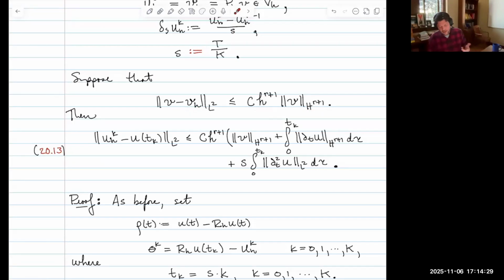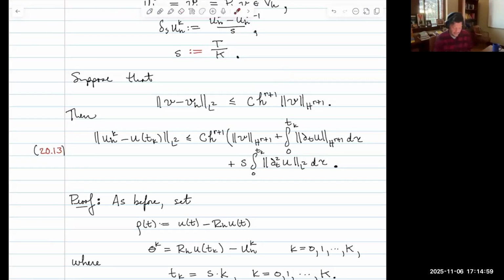So remember v_h we said is equal to P_h v. And all I'm saying is you can either take this to be the interpolant, which we called pi_h, or the Ritz projection operator, which we called R_h. And this type of estimate is going to hold in either case.